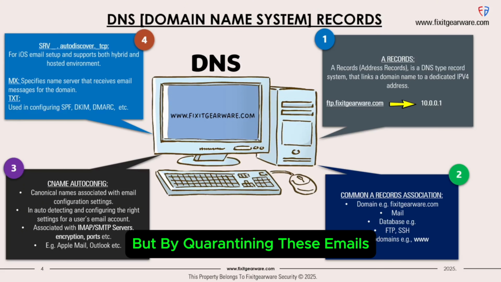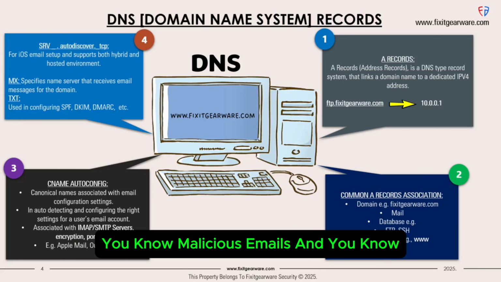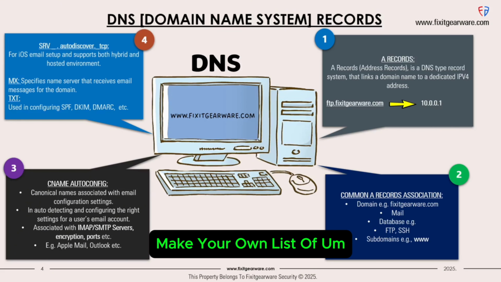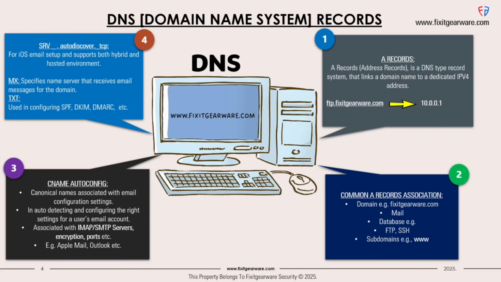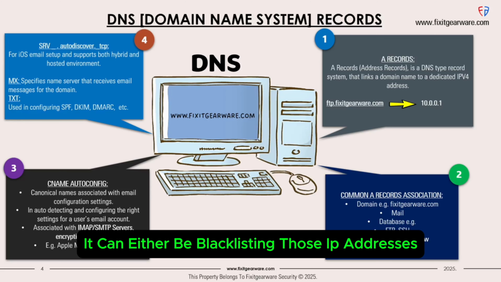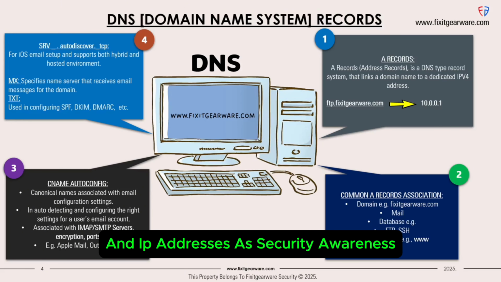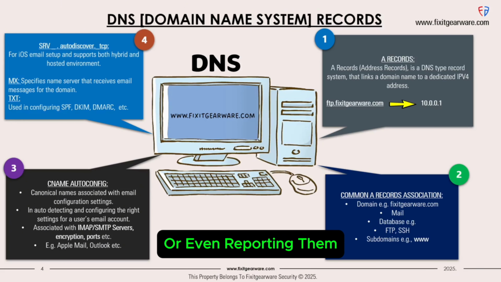But by quarantining these emails, you can always go back to review, get those IP addresses that are always sending these malicious emails, and make your own list of security improvements you need to do. It can either be blacklisting those IP addresses, or using those email messages and IP addresses as security awareness, or even reporting them.